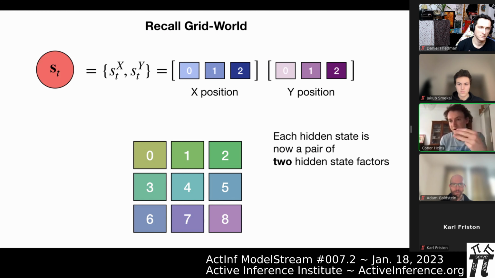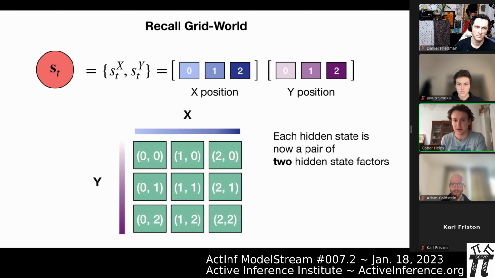So 2 3-vectors instead of a single 9-vector. And then a given hidden state itself is picked out by a coincidence of these 2 hidden state factors. So if the x position is 1 and the y position is 2, then it means I'm in (1, 2), so like the middle bottom of the grid world.